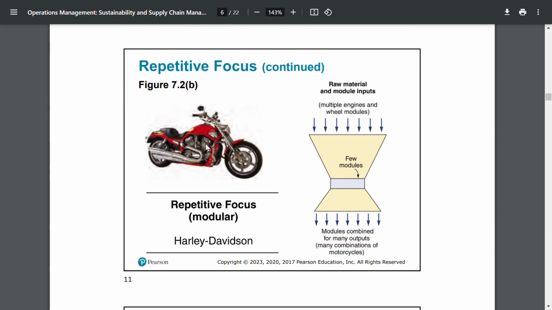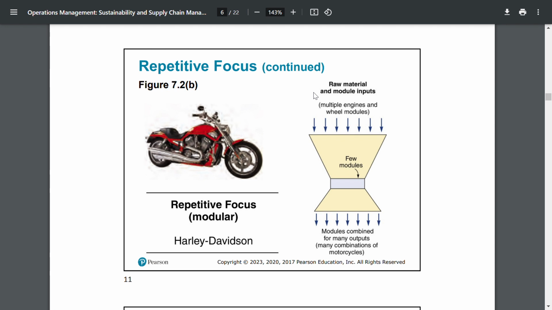Our example, the motorcycles, the repetitive focus, or modular, is Harley Davidson. So the raw materials and module inputs are put in engines, let's say the materials needed for the outer parts of the motorcycle, the tires, the fuel tanks.